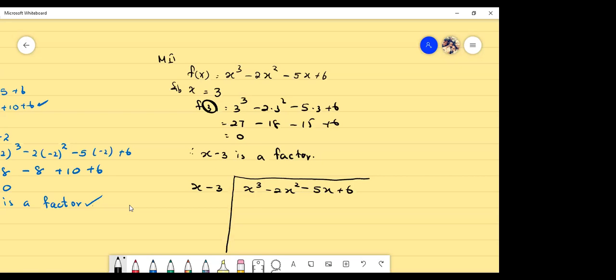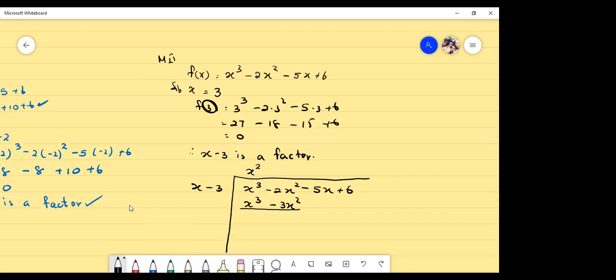Now what happens? Here we put x squared times x cubed, x squared times minus 3, giving x cubed minus 3x squared.